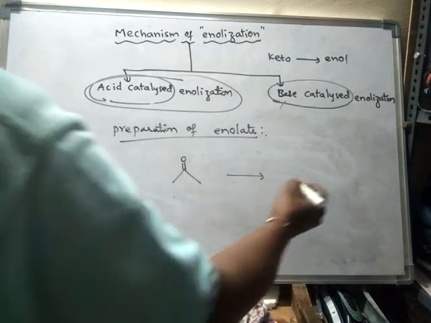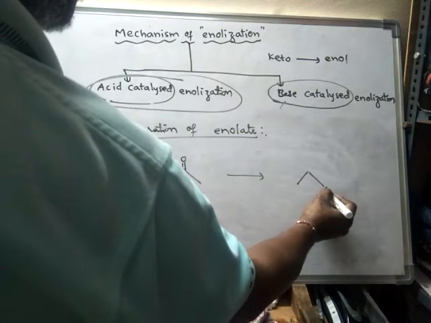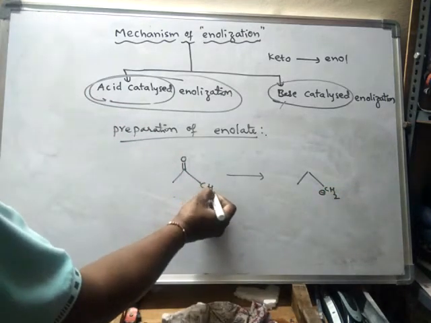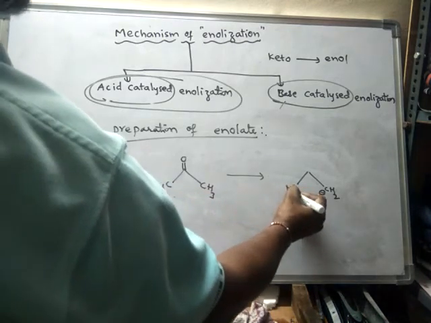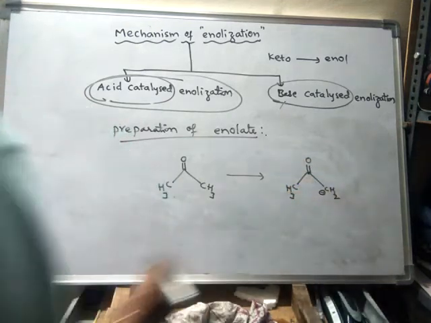What is enolate? Enolate is like this. This carbon having negative charge and this carbon is having two hydrogens. Actually this carbon is having 3 hydrogens. Even this is also having 3 hydrogens. And this carbon is having double bond with oxygen.